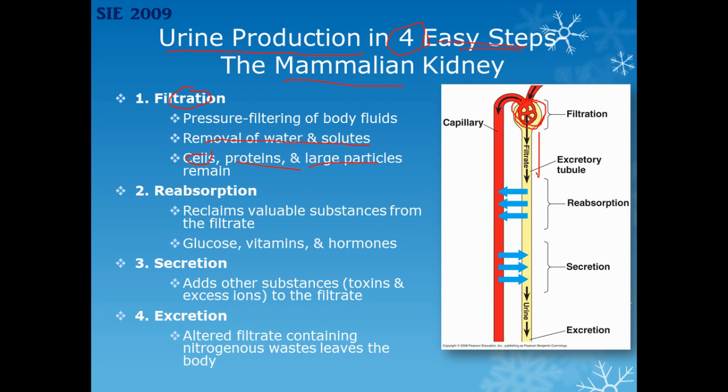Then they go to the second step, which is reabsorption. In this step, they reclaim the valuable substances from the filtrate back to the capillaries of the blood, and also absorb the glucose, vitamins, and hormones. Then they go to the third step, which is secretion.